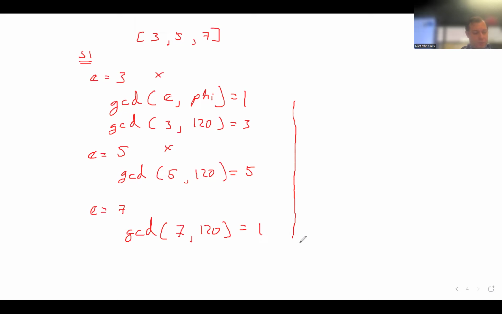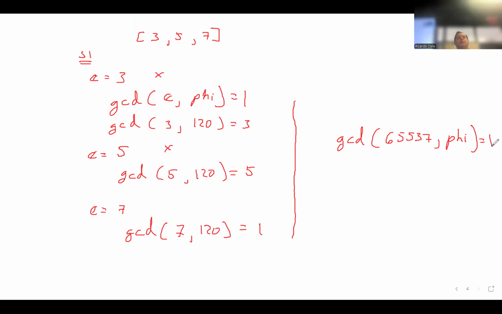So if phi is larger than 65,537, then that's a number that we probably want to try, because as we're doing the search for E, for that given N and that given phi, it just so happens that when we do GCD of 65,537 and phi, it will likely be equal to 1. Do you see that? So it'll work.